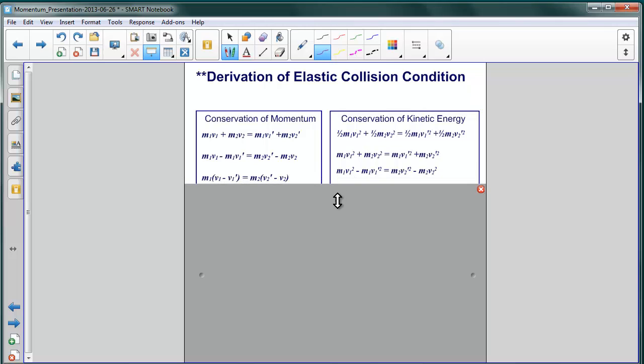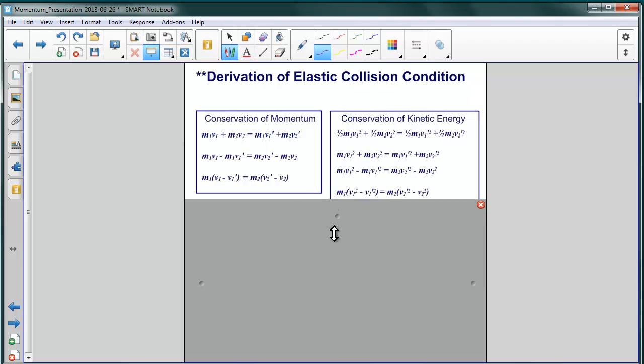Now we can pull out the masses on both sides. We get these two expressions, one for momentum and one for kinetic energy.